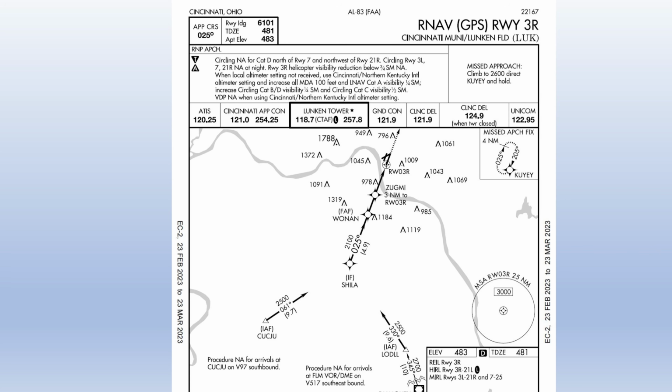If you do this in real life, there are a few restrictions that a controller needs to follow when clearing an aircraft direct to an intermediate fix to start an approach. This includes positioning the aircraft via vectors or whatever so that it doesn't have to make a turn greater than 90 degrees onto the intermediate segment, and assigning the aircraft an altitude to maintain until it's established on the approach.